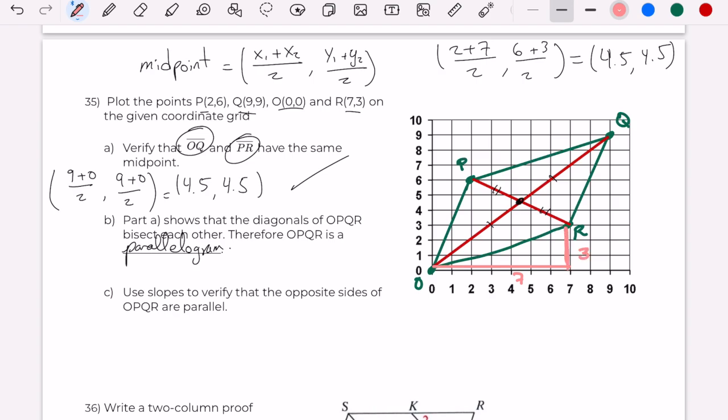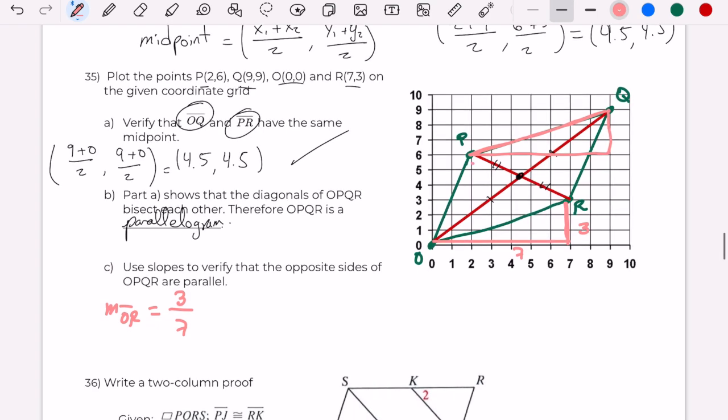So I have a run of 7 and a rise of 3. So the slope of OR is rise 3 over run 7. Then the slope of PQ, please observe that it is from 2 to 9, so it is a run of 7 and a rise of 3. So the slope of PQ is 3 over 7.